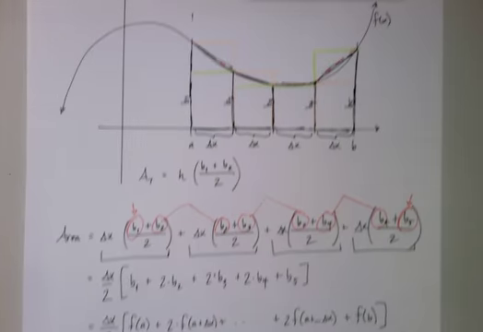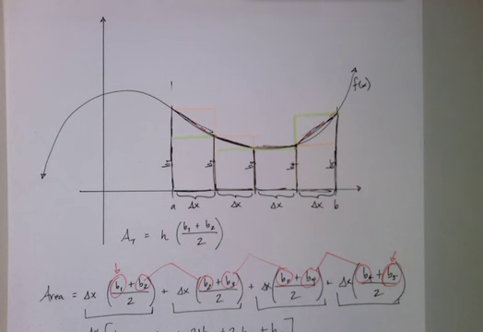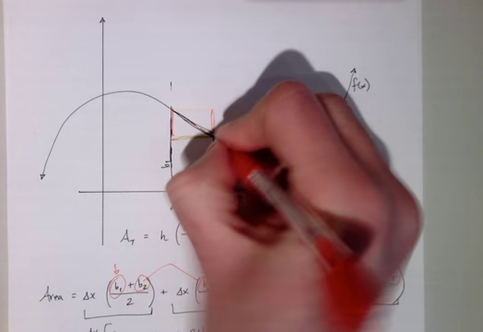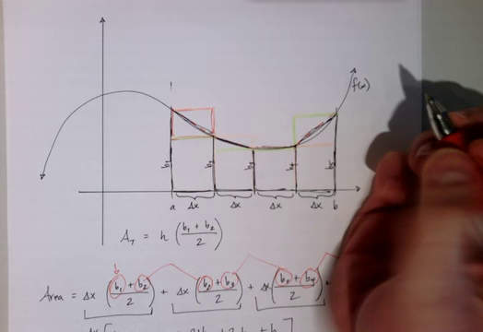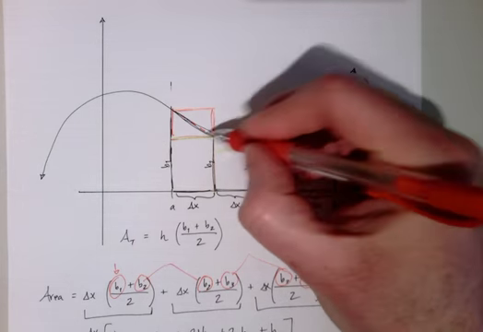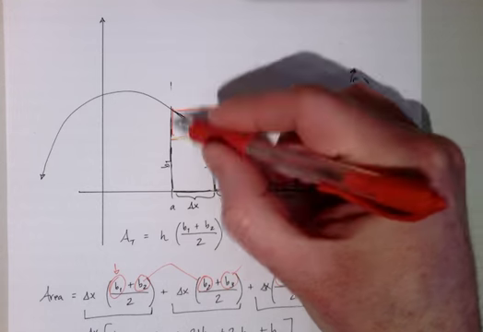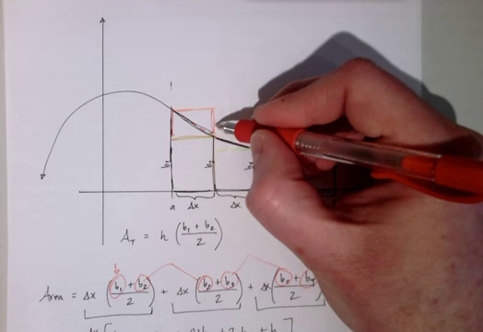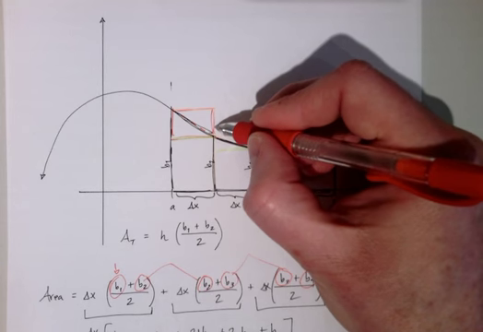Okay? Here's another way to look at it. I want you to focus on the top of this. If you take this box right here, that box is the difference between the left-hand Riemann sum and the right-hand Riemann sum.